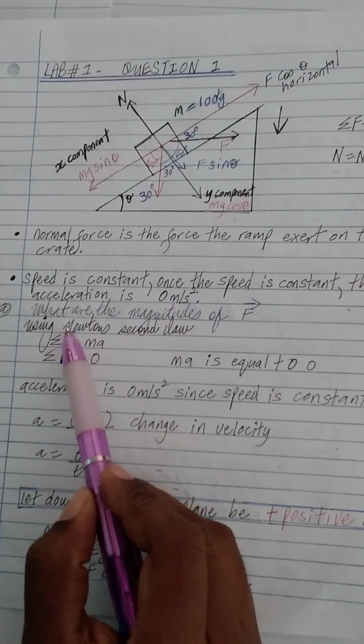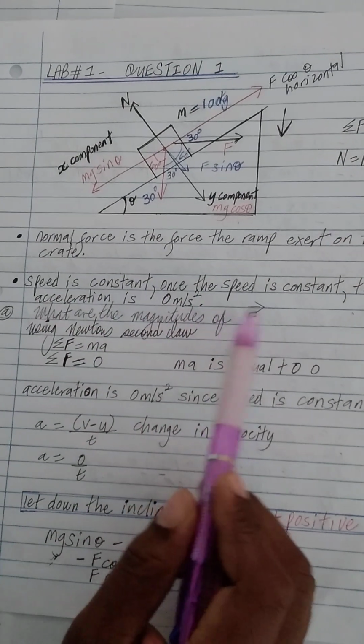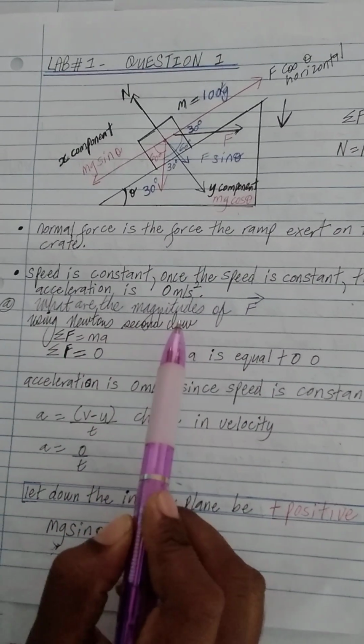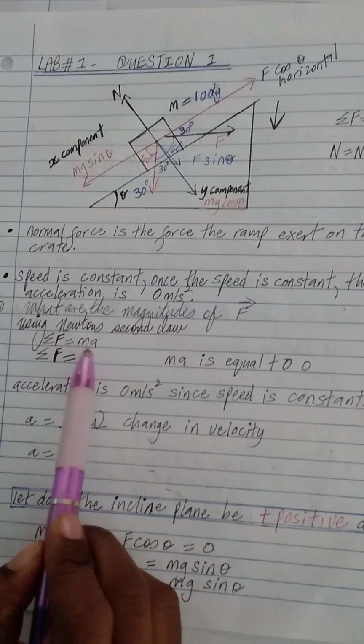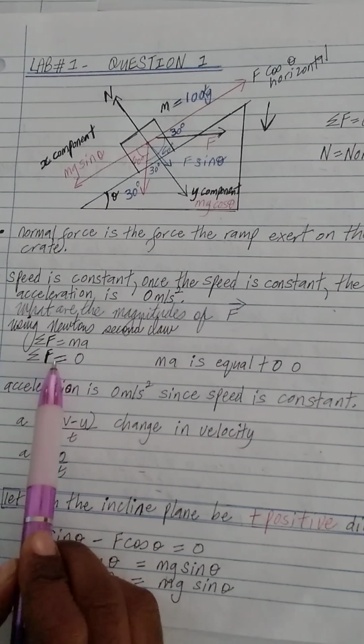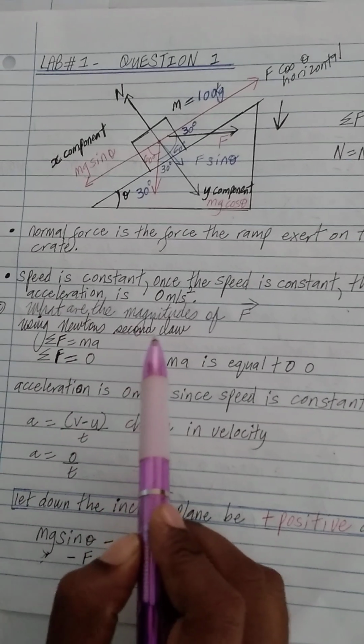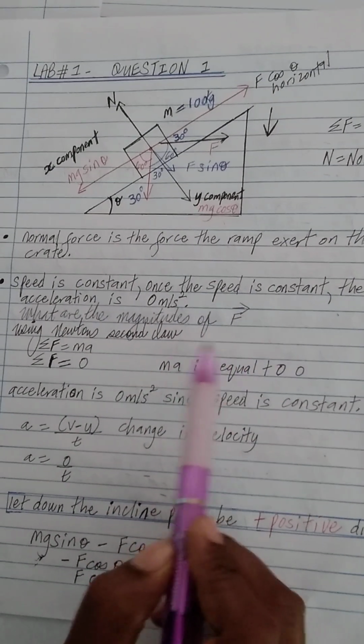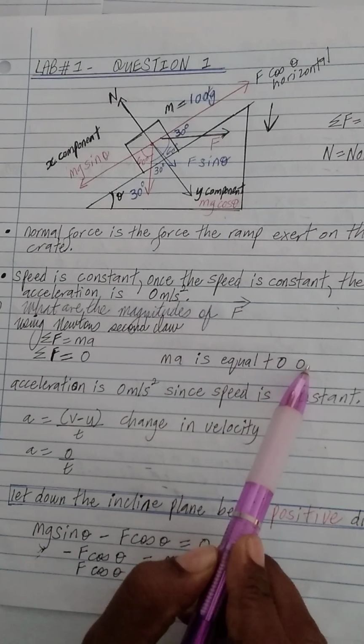Now, the question asks, what is the magnitude of F? All right? So, using Newton's second law, the sum of F is equal to ma, and the sum of F is equal to 0 because the acceleration is equal to 0 meters per second squared. And of course, ma is equal to 0.